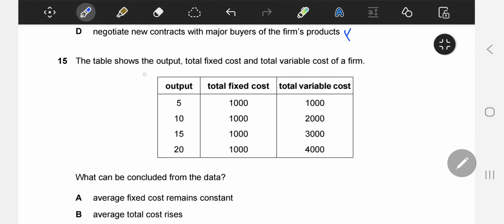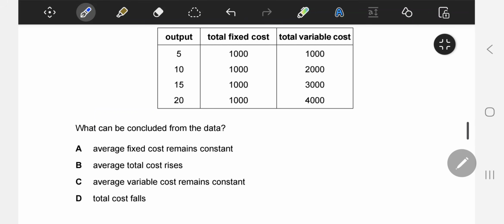The table below shows the output, total fixed cost, and total variable cost of a firm. What can be concluded from the data? One of the things you notice here is the total fixed cost is not changing. Total variable cost is increasing by 1,000 for every 5 units produced.